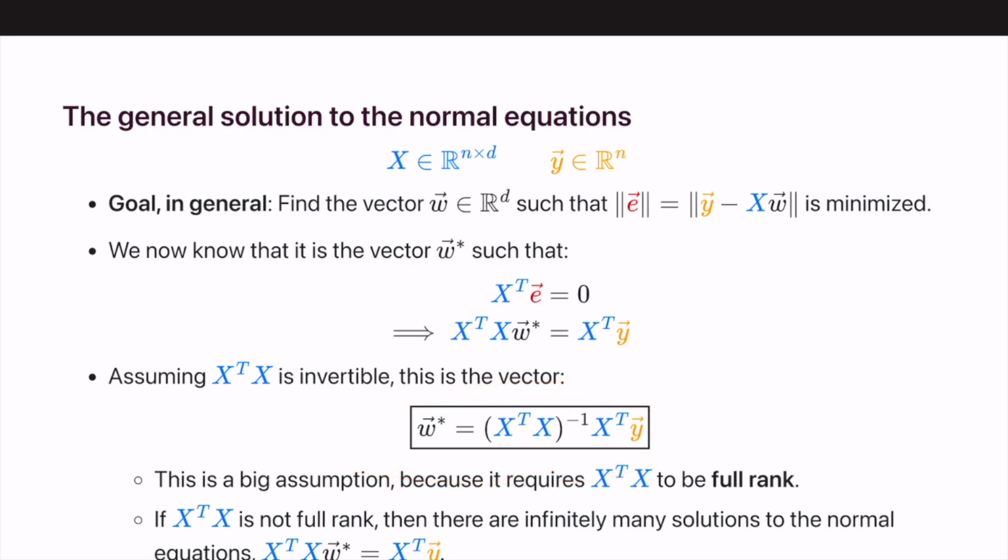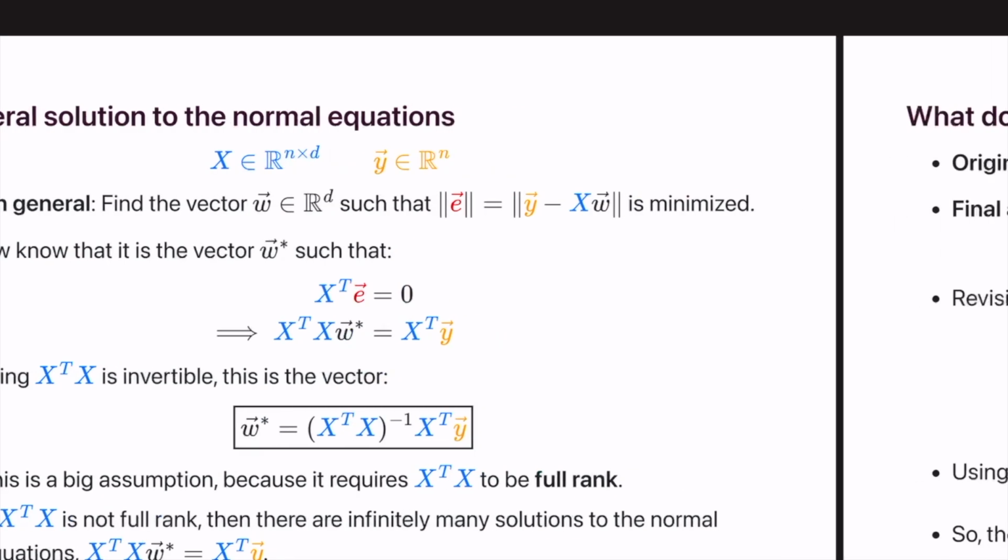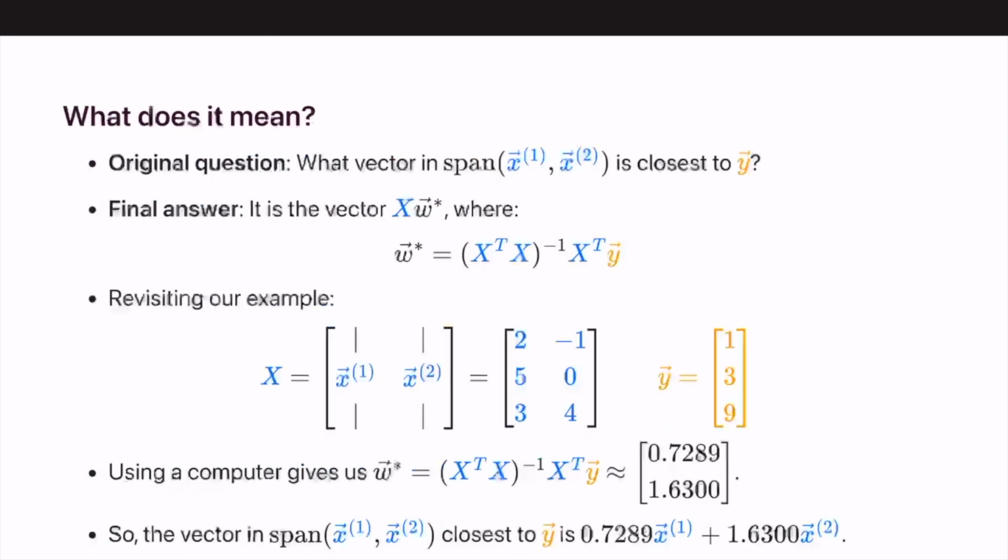And when we have that, what we're really trying to do is find the w vector, and specifically, if you were to plug these numbers in for our example data sets that we've been using, you would get just a vector, and that would be the scalars that we would need to apply to each of our x vectors to get it as close to y as possible.